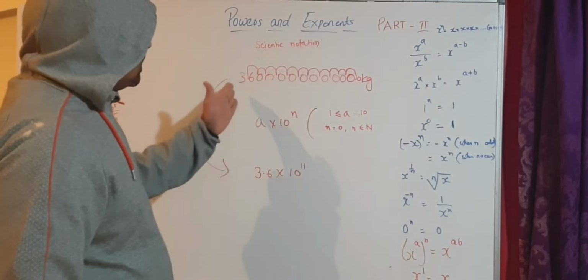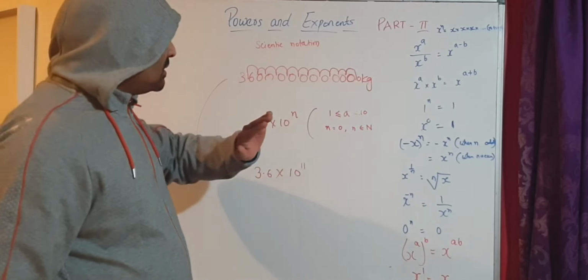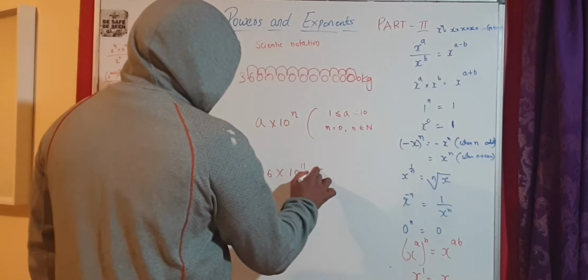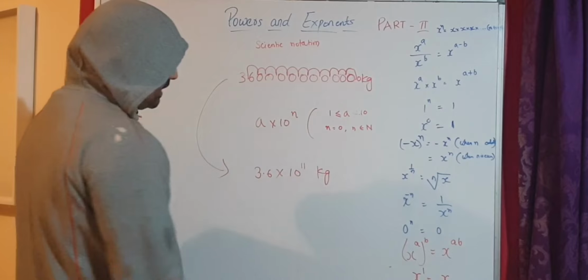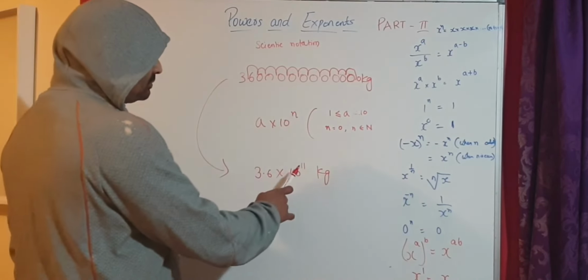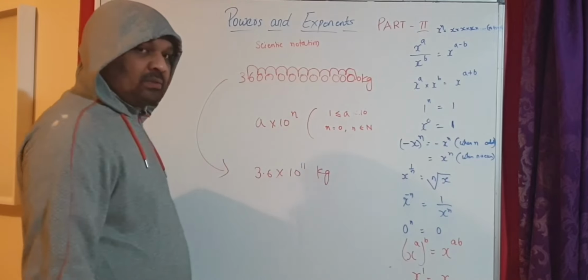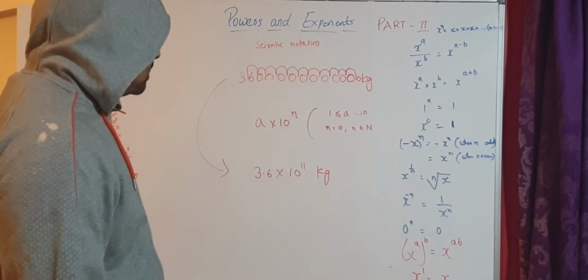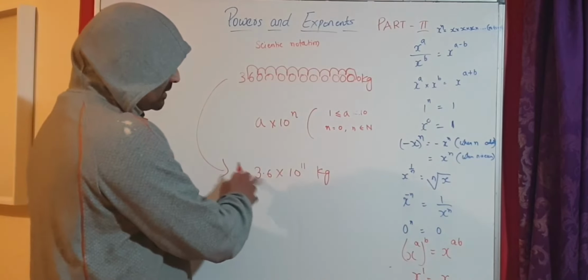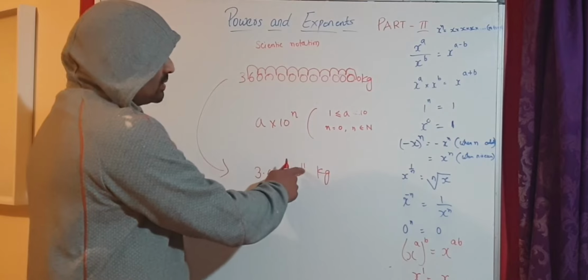A celestial body weighing this many kg, if you want to represent this in scientific notation, you can write it this way, and this is easier to read: 3.6 into 10 to the power of 11. It's very easy to read this number, and no mistake will go like this. Always a is less than 10 and more than or equal to 1, and n is going to be a whole number.